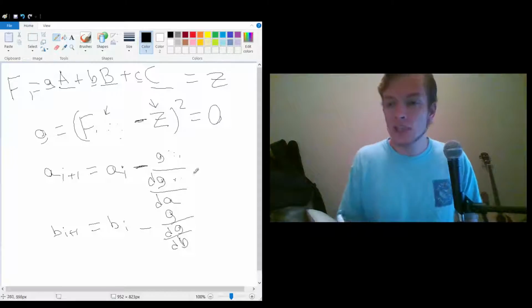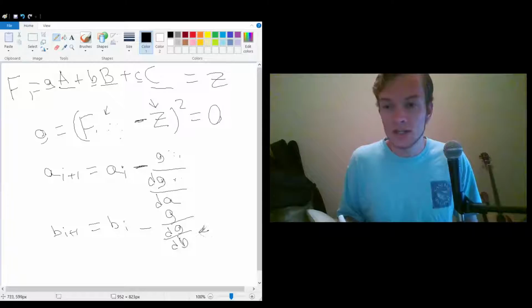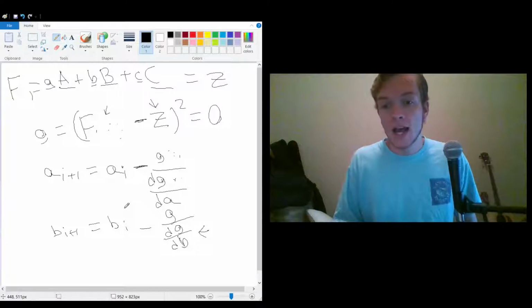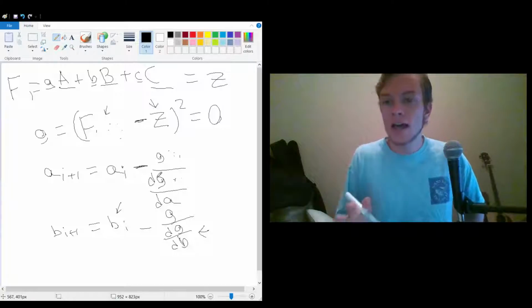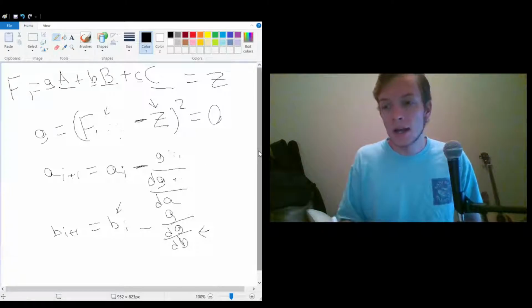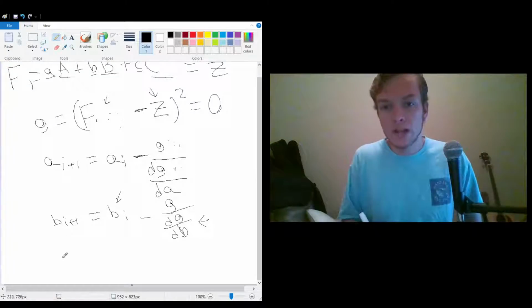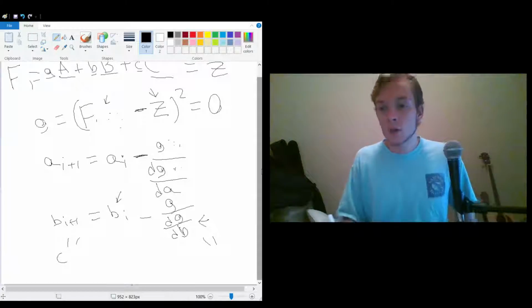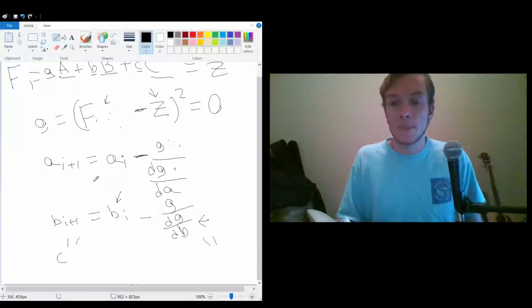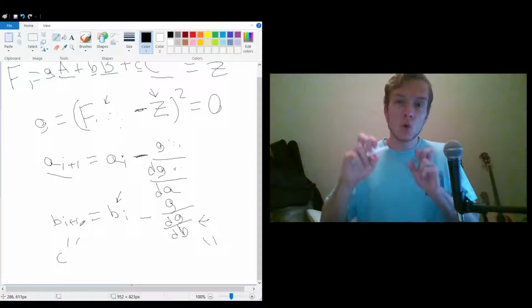But the reason this should work is because this term is different, and these terms are also different as well. So I'm pretty sure I'm correct in how I'm doing this. And then, of course, we'd have the same for c. What this does is update the first variable, and then this variable is technically more correct.